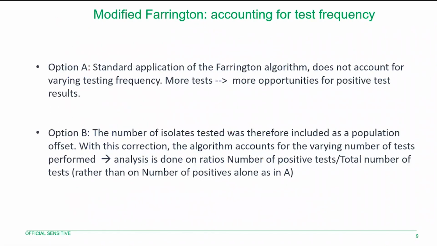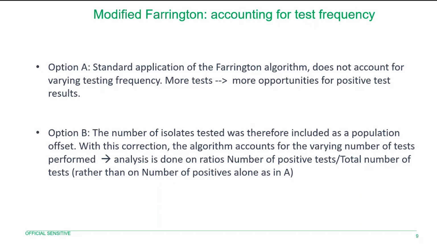But as I mentioned, this plot I just showed refers to a standard application of the Farrington algorithm, where the algorithm is fed only the number of positive tests. But this implementation works well when you have a fairly uniform testing frequency.